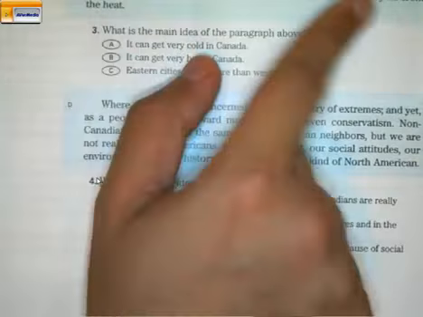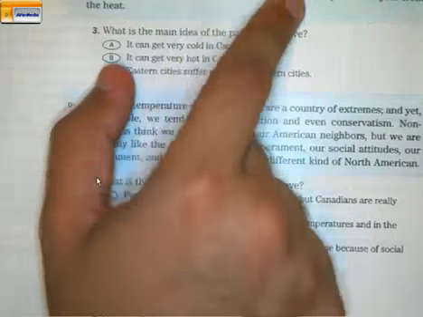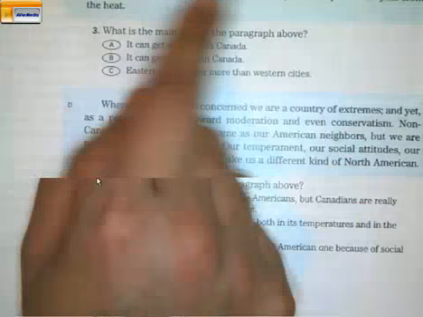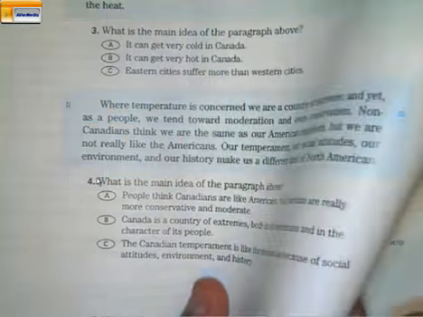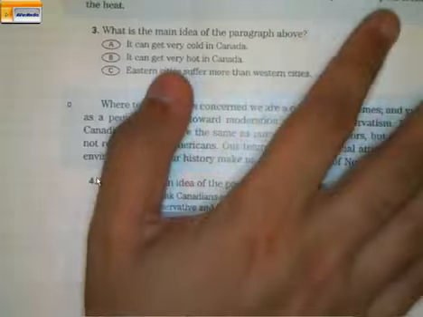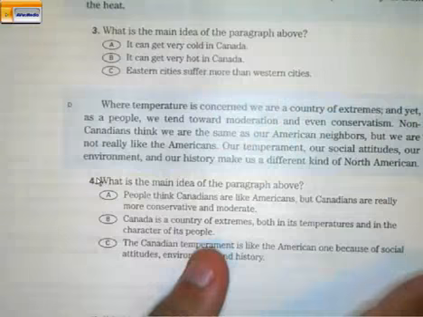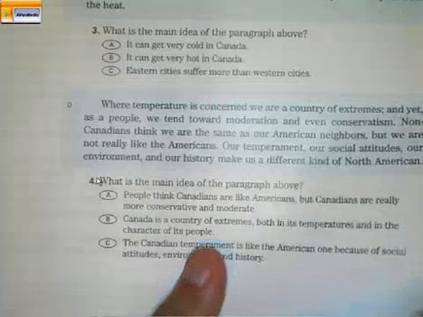It can get very cold in Canada. Few non-Canadians understand that it can also get very hot. The eastern cities suffer in the humidity of July and August, and people actually die each year from the heat.